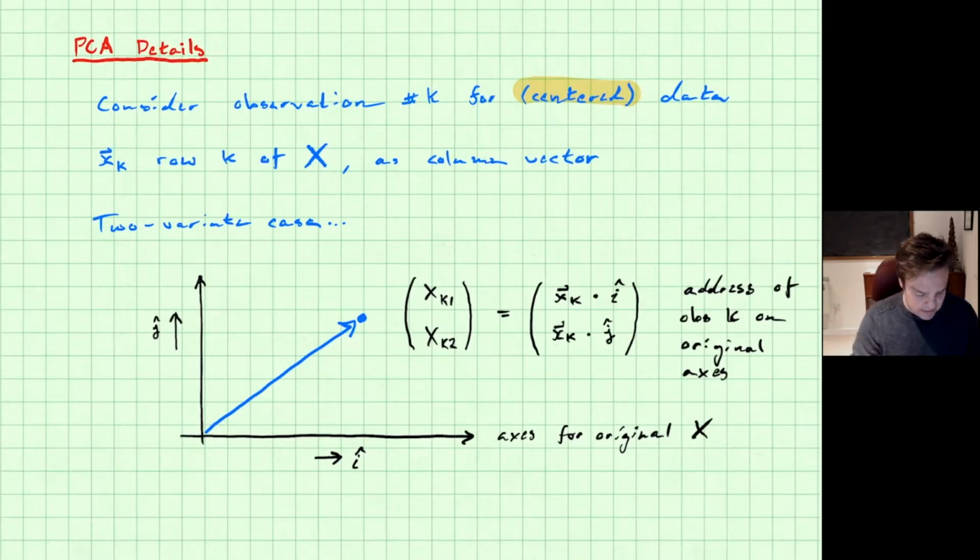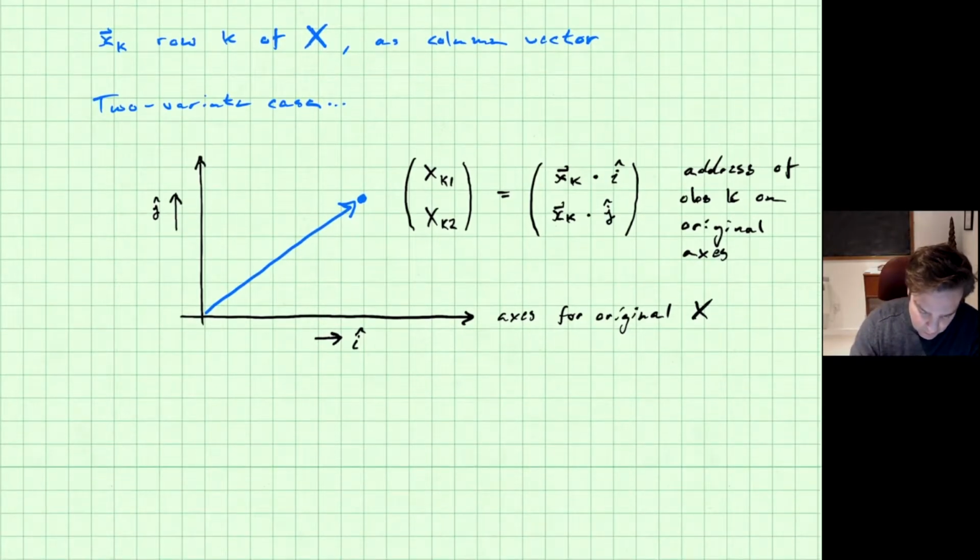Right, the axes that the data matrix X came with natively. Now, when we do principal component analysis, we transform, or make new axes.